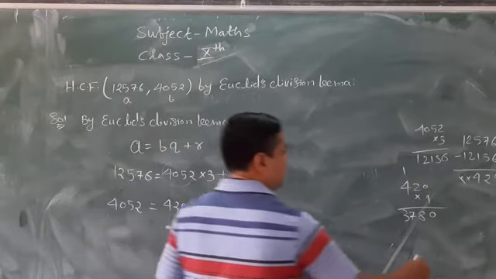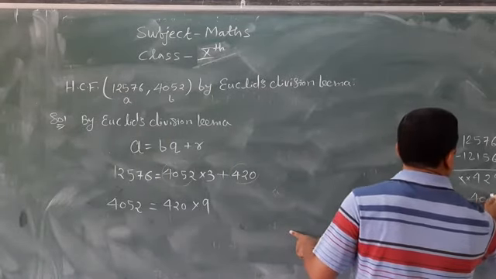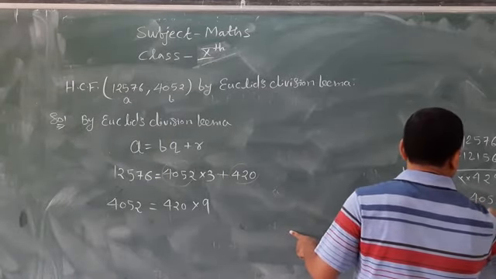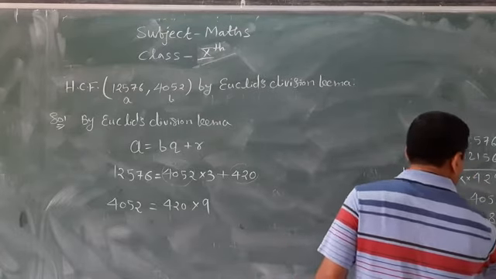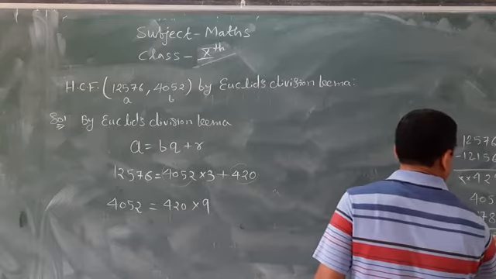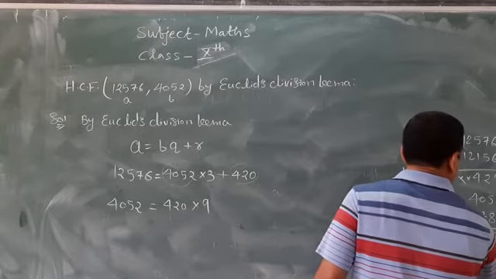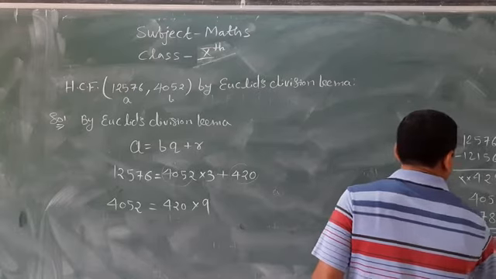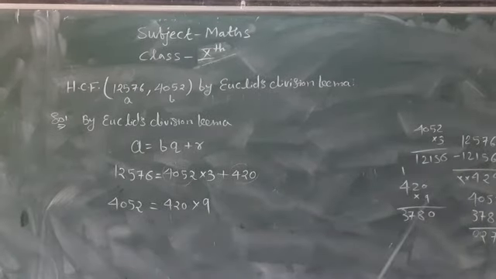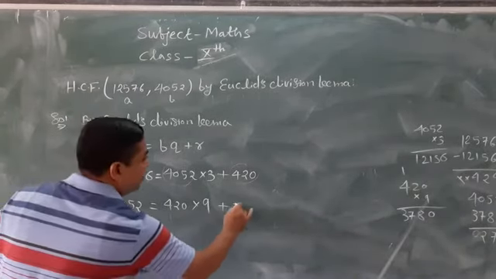So let us subtract 3,780. Okay, 2, 15 minus 8, 7, that is 10 minus 7 or 9 minus 7. So 9 minus 7 we will get 2 and here 0, 272. So here we will get 272.